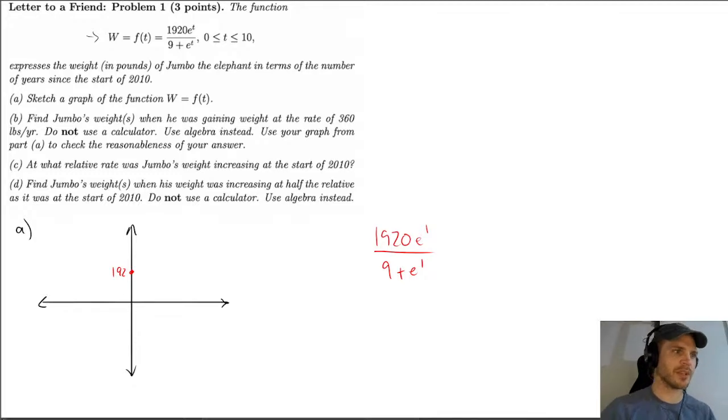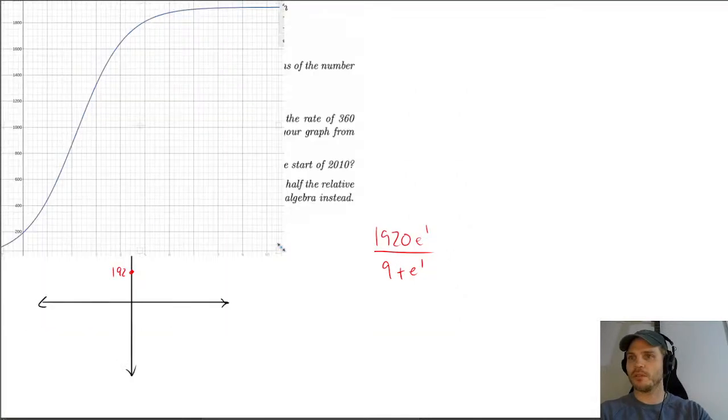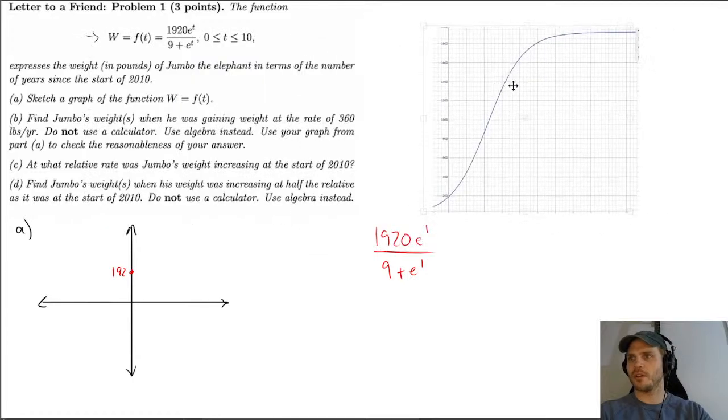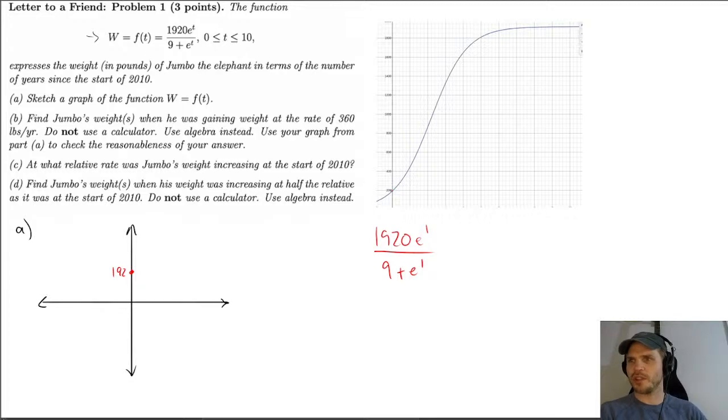I'm gonna paste this in here. So here comes this. This is just a screenshot from Desmos. So this point here is that 192, and essentially this does increase at about a linear rate for a while.